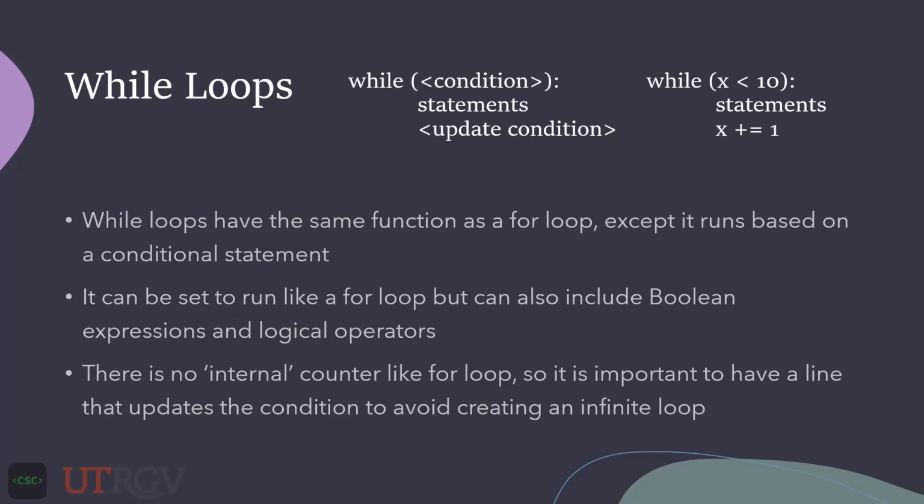All right, so now we have while loops. While loops have pretty much the same function as a for loop, except it's not as explicit in the number of times you want it to run. A while loop uses the keyword while, and you put some condition in here.